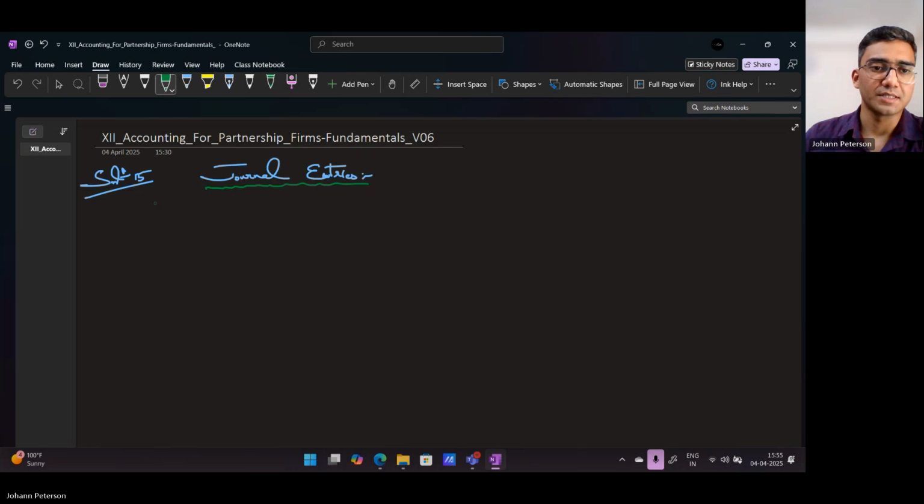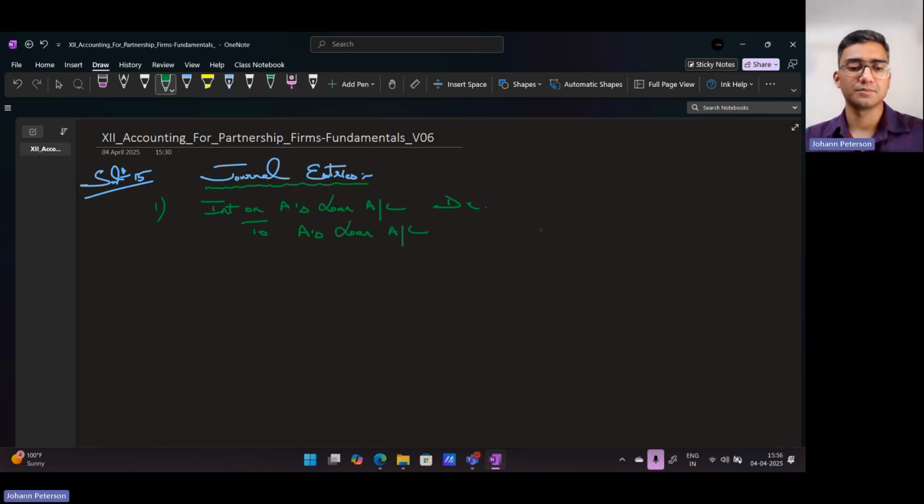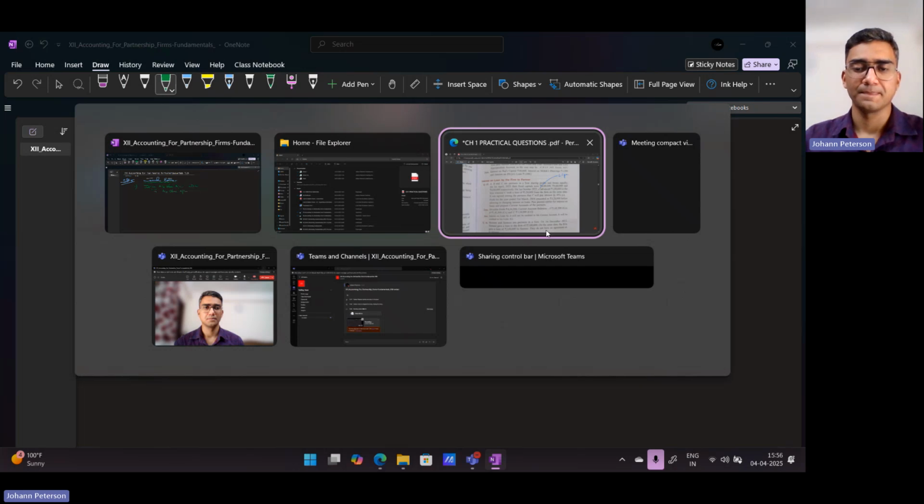So our first entry, we are talking about A giving a loan to the firm. So the entry is interest on A's loan account debit to A's loan account. The amount, let us see.